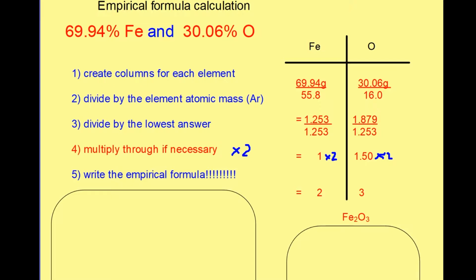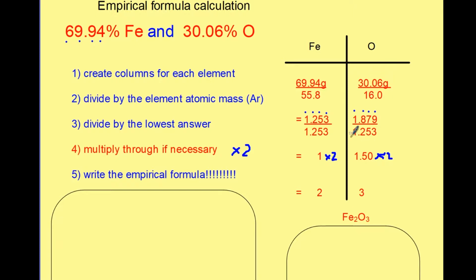Okay, just a few things to say before I finish. What are common errors? Common errors are rounding. It's quite unusual here that these percentages are to 4 significant figures: 1, 2, 3, 4. So when you're doing the calculation, you should really stick to 4 significant figures when you write down your answers.